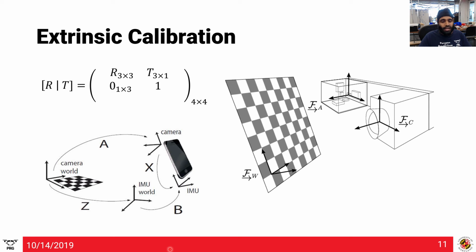Next is stereo calibration. Let's say you have 2 cameras, and because you have 2 cameras, you can ideally estimate the depth of a scene in front of you. We'll talk about how stereo cameras work later in this course.